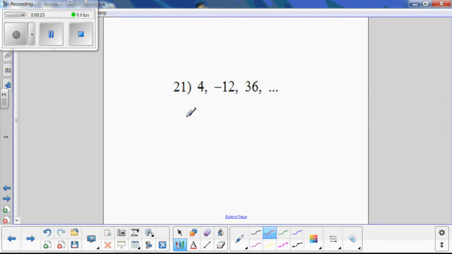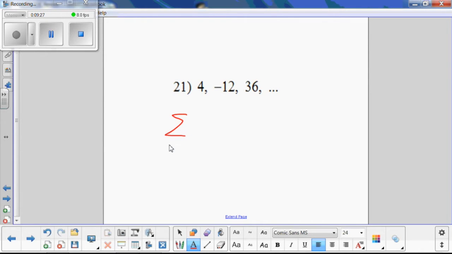For this problem, the directions are the same. So the first 15 terms. So we go from n equals 1 to 15. But this time, the sequence is geometric. So we start with a1, which is 4. Our common ratio is negative 3.